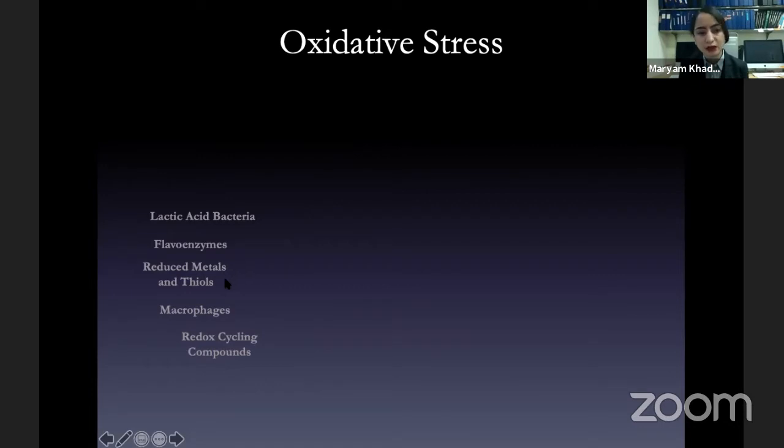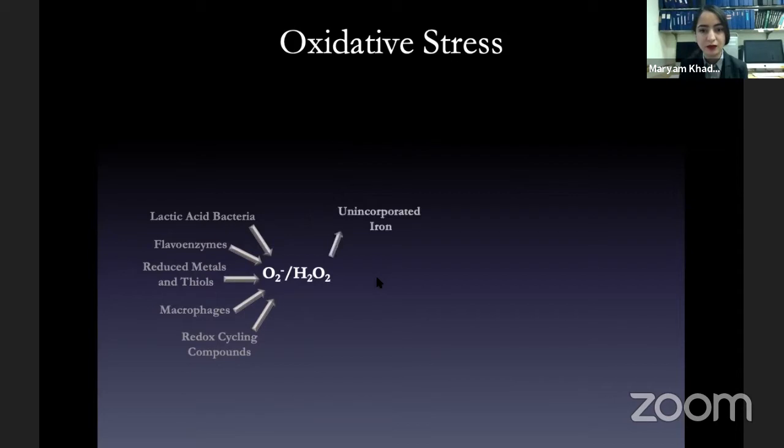It can be the result of reaction of oxygen with reduced metals and thiols, or redox cycling compounds that are secreted by other bacteria or plants for defense. It also experiences hydrogen peroxide secreted by lactic acid bacteria and macrophages. So overall, E. coli would encounter superoxide and hydrogen peroxide that can in turn cause problems inside the cell.